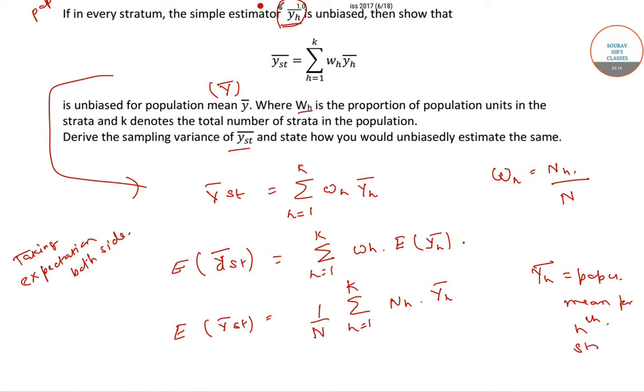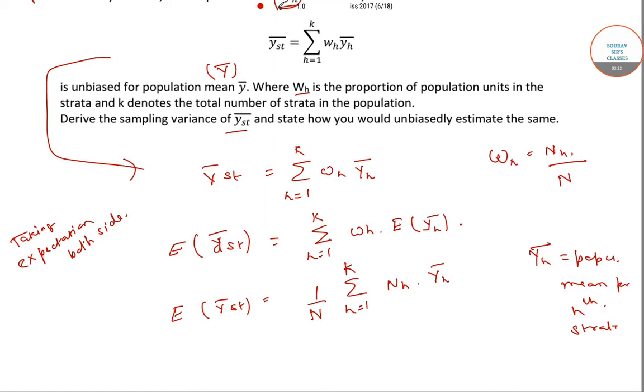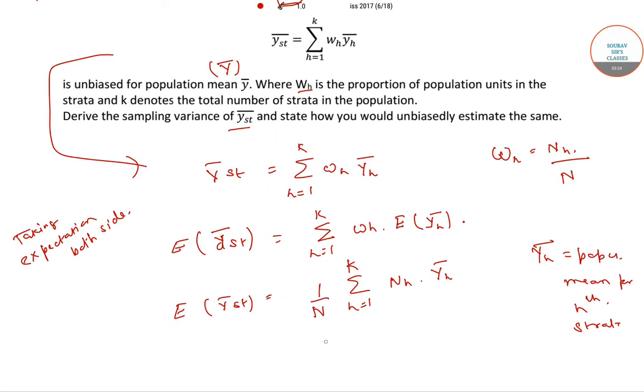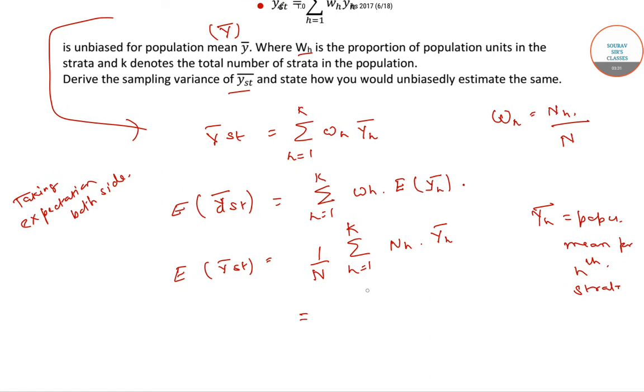So we have 1 by capital N summation h goes from 1 to k of Nh into Ȳh, which is nothing but our capital Ȳ.